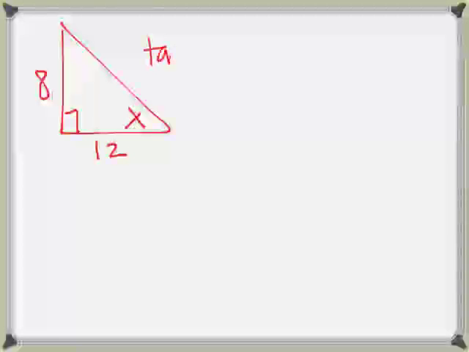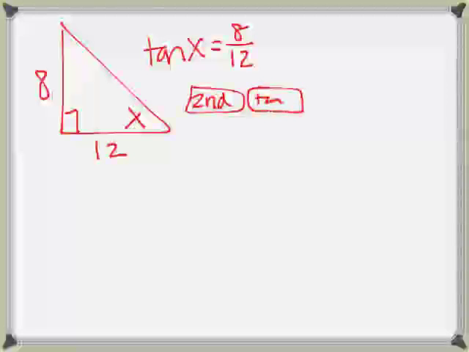So I would say tangent of x, we always want the angle with the tangent, is equal to what fraction? 8 over 12. Now since we're solving for an angle, this is where we type in second. So on our calculator we would do second, tangent, and then 8 divided by 12. And how big is that angle? About 33 degrees.